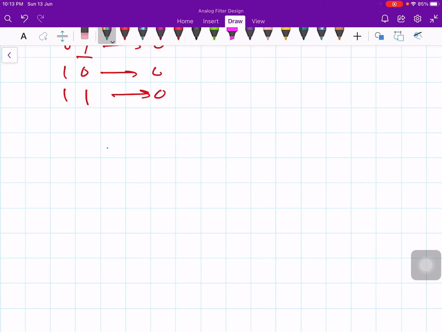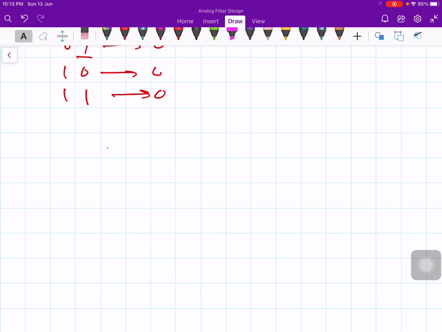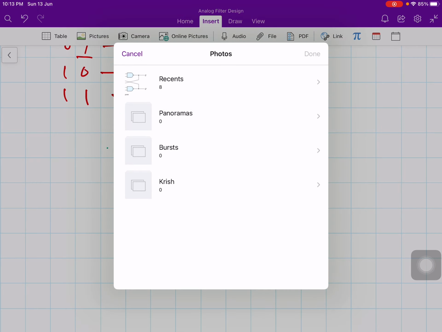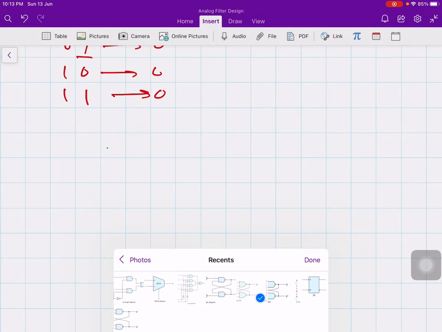But this time I am going to construct the SR latch using NAND gates. So insert picture, NAND gate. Where is it? This one? I don't know.